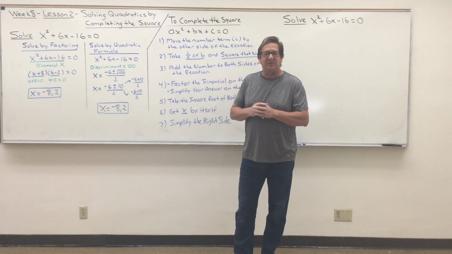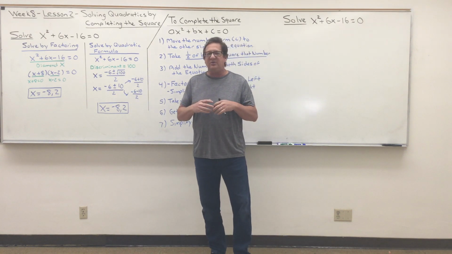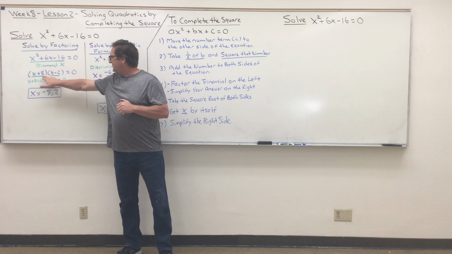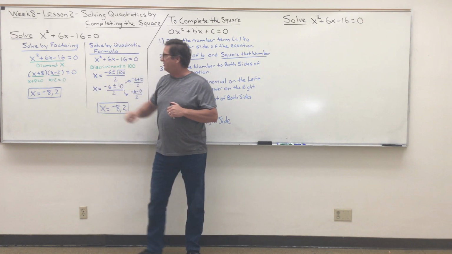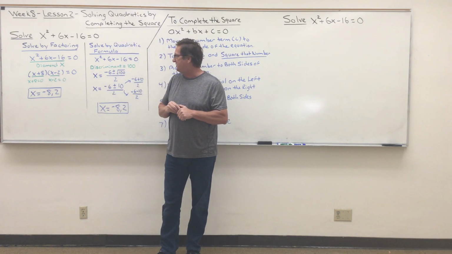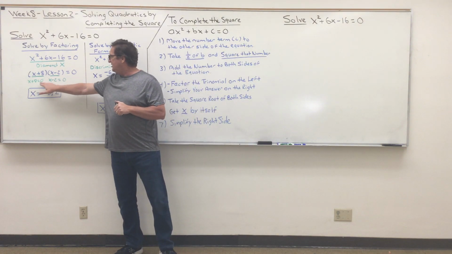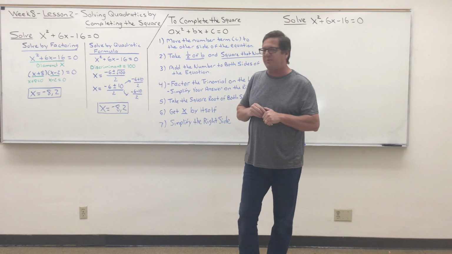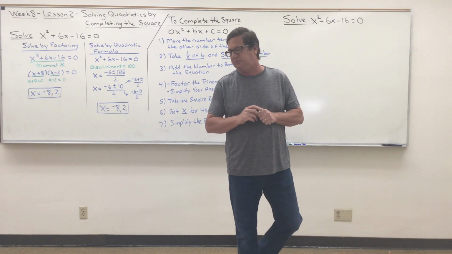We asked for two factors of negative 16 that added up to 6. We use our diamond to organize our information, and we get x plus 8 times x minus 2. That's our factoring, and that equals 0. Set each binomial equal to 0 and solve for x. And we got x equals negative 8 and 2.